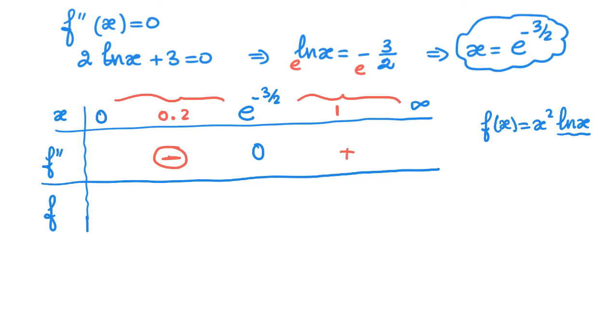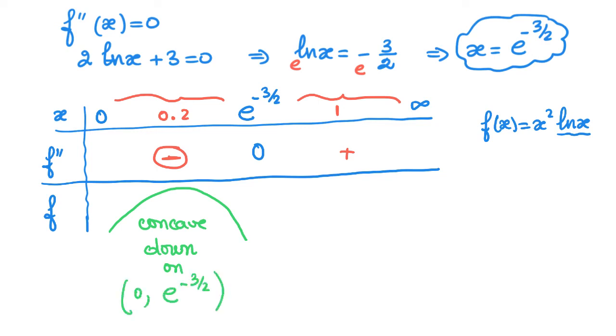This is telling us that the function is concave down, like this, in this interval. So concave down on the interval 0 to e to the power of minus 3 over 2.